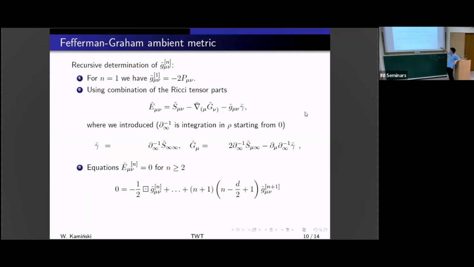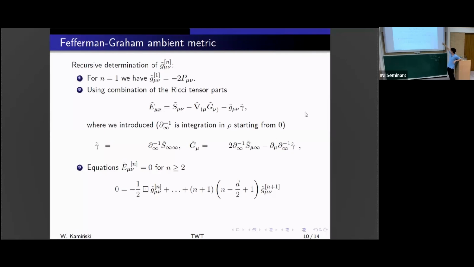The notation is that, of course, we are dealing here with the Taylor series. So let's denote the integration by this inverse of the derivative. On the Taylor series it has a well-defined action. The nth term rho to the n changes into rho to the n plus 1 divided by n plus 1, and so on. Okay, and if one takes such a nice combination, and if one knows the Schouten-Brouwer method, one sees something in this.